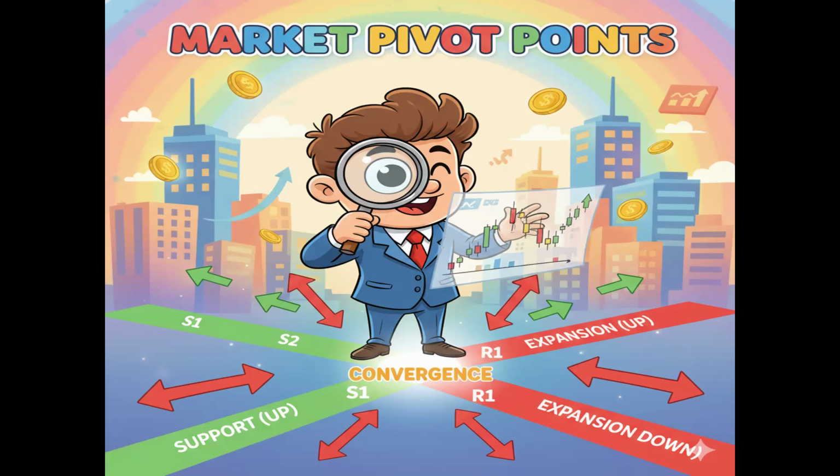So when the market pivot points converge, it indicates compression and expansion. You can see this live in the market with your own eyes. This doesn't happen with the dead classic pivots. Those are not dynamic. This is a dynamic pivot.